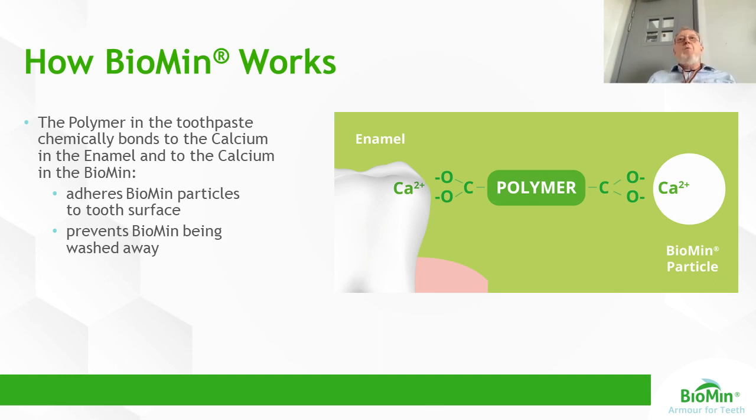Yes, so we put in the BioMin F, the fluoride is incorporated into the actual glass structure. And then as the glass dissolves, it will release that fluoride. But it will release that fluoride along with calcium and phosphate. But it does one other thing as well.